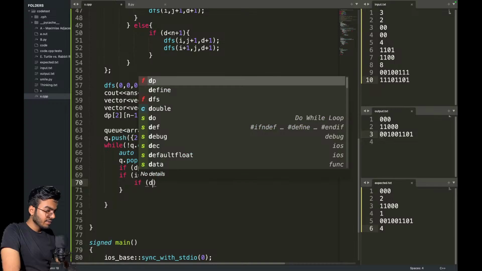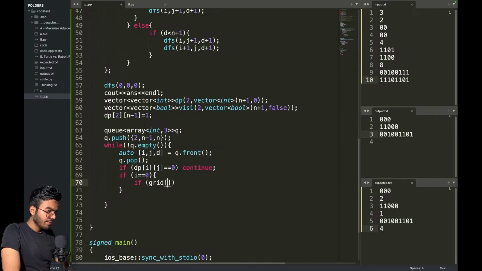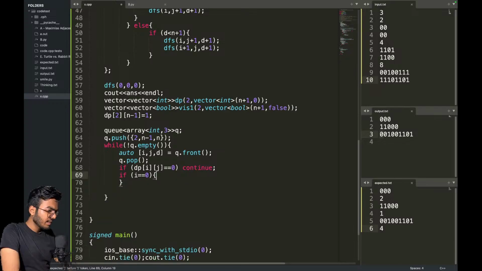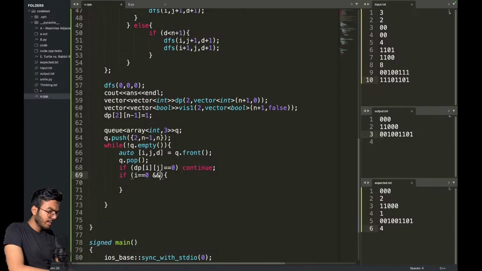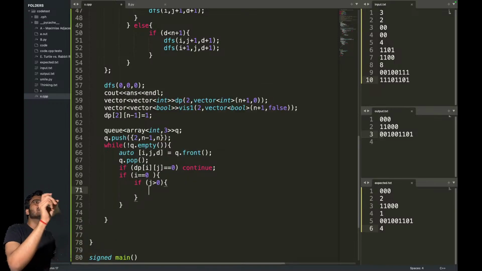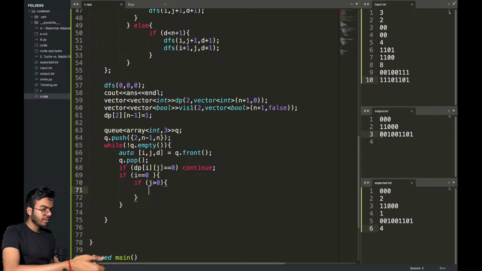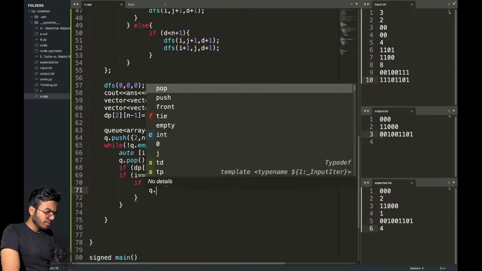So I have to check if grid of i... first of all, if i and j not equals 1, right? So if i is 0 and j is greater than 0, then only I can do this, otherwise I can't. So if the jth part is actually greater than 0, then I can do a DFS like this. So I will say q dot push back.